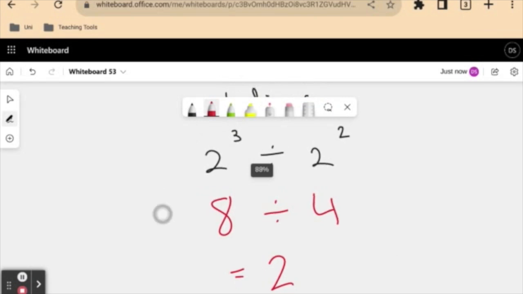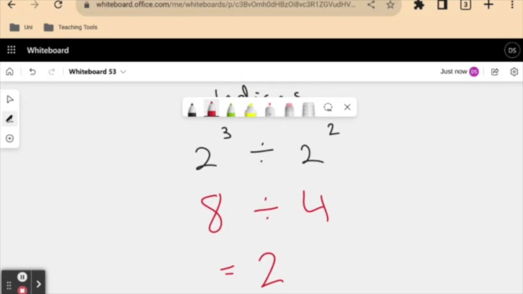Now, this is the actual procedure we did. It wasn't that bad, but let's look at what has actually happened with our powers here. Well, we ended up with essentially just 2, which can also be written as 2 to the power of 1. Now, how can we make 1 out of these two numbers?